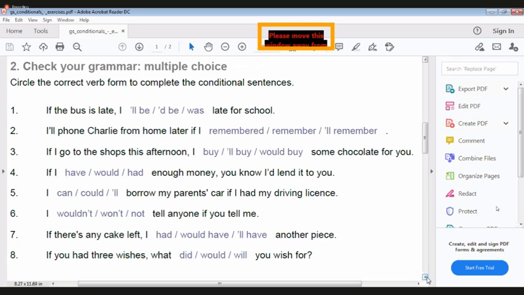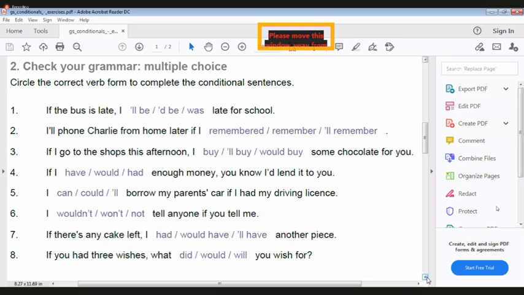Simple past. If you did the first one correctly, look at the second. Zero: simple present in both. First conditional: simple present and future simple. So here I'll phone is future simple.